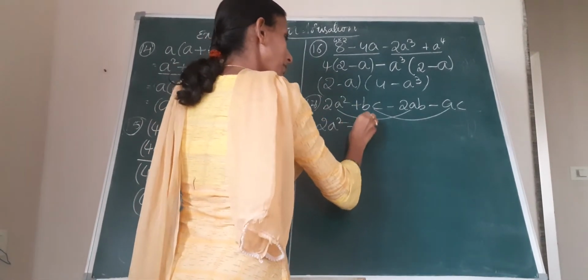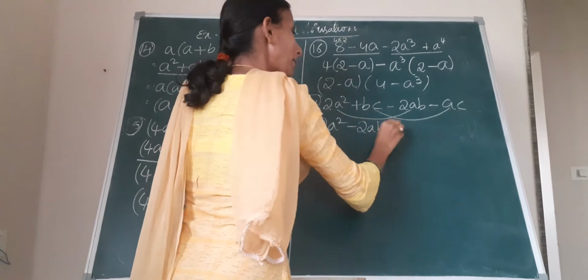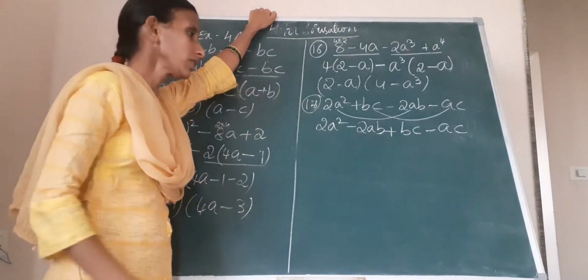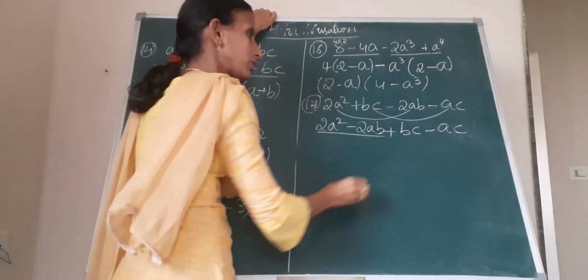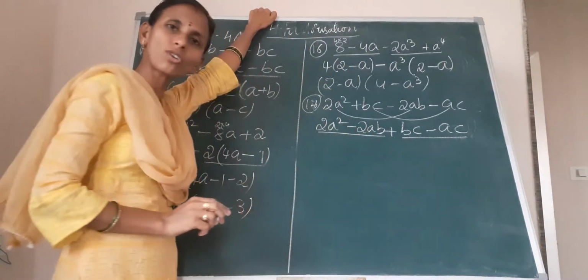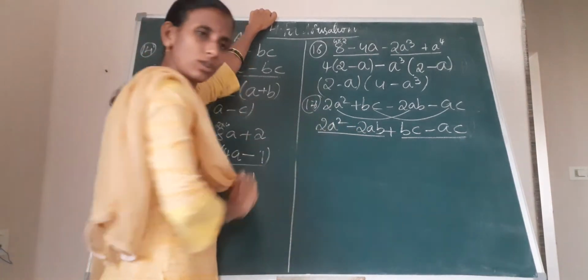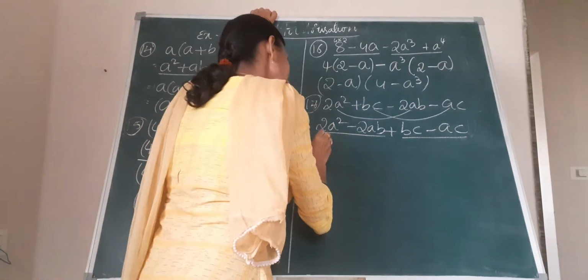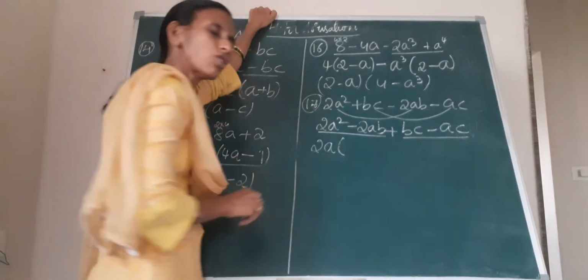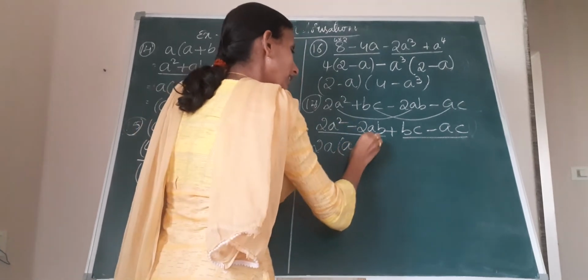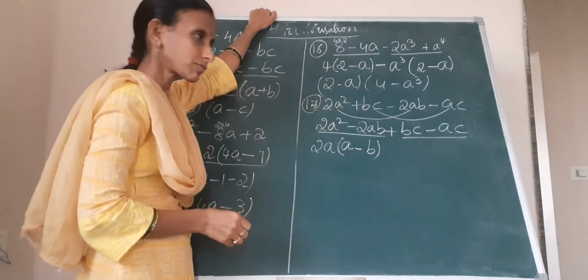2a square minus 2ab plus bc minus ac. Now these two terms are one group, these two are one group. Now in these two terms what is common? 2a is common, and a is common in both the terms. So I am taking 2a as a common factor. What is remaining here? A minus b.